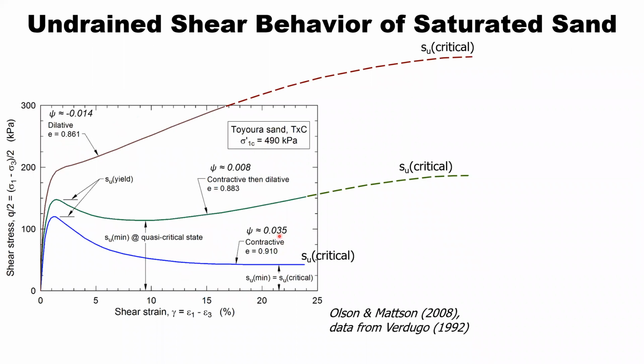Here we have a value of 0.04, a value very close to zero, and a negative value, not very large, but a negative value. And you can see these different state parameters, contractive here near the critical state line, and dilative here, result in very different stress-strain responses, with positive values being cases where the soil is potentially liquefiable.